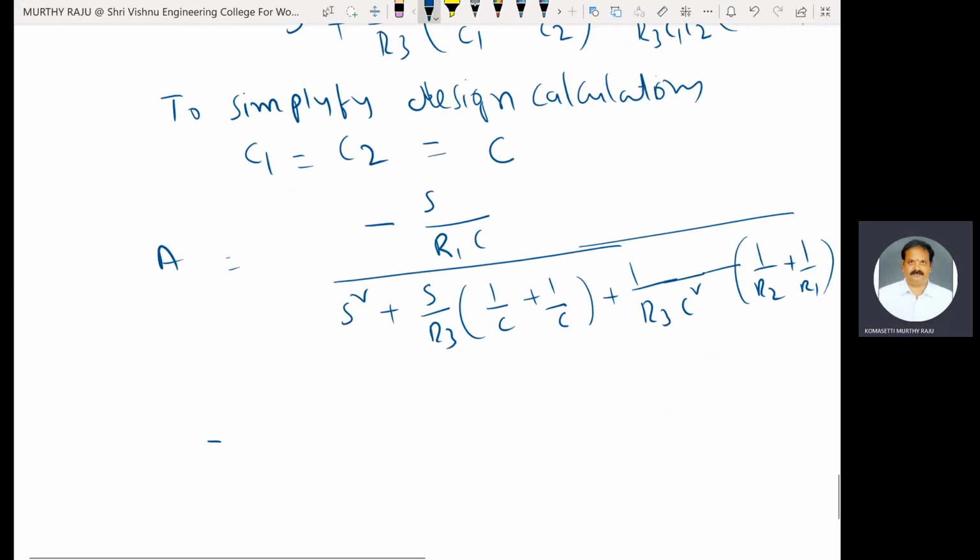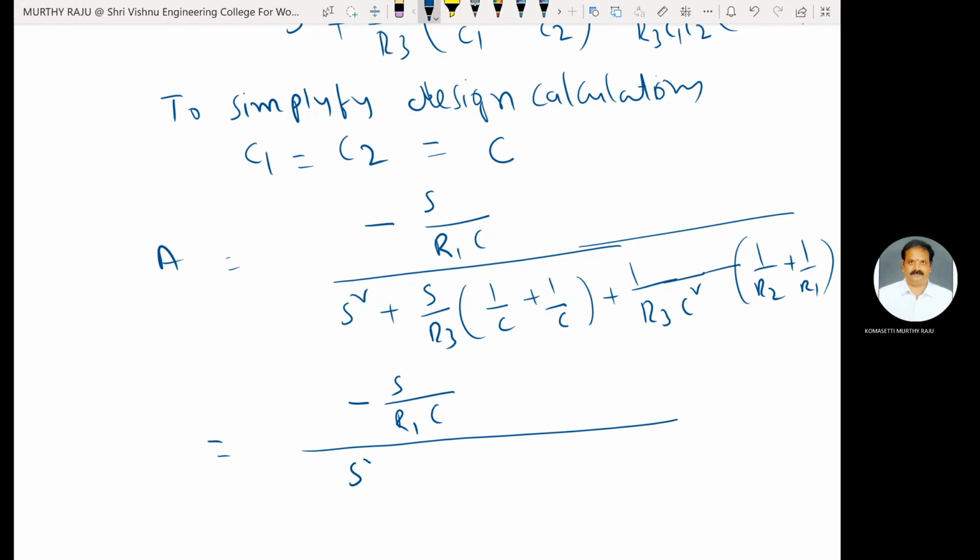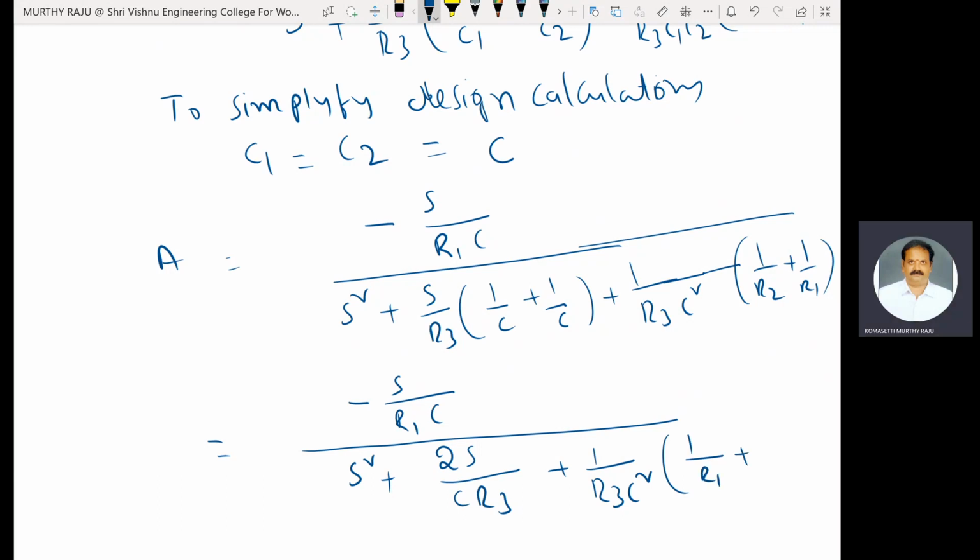Therefore, A is equal to minus S by R1 into C by S square plus 2S by C R3 plus 1 by R3 square into 1 by R1 plus 1 by R2.